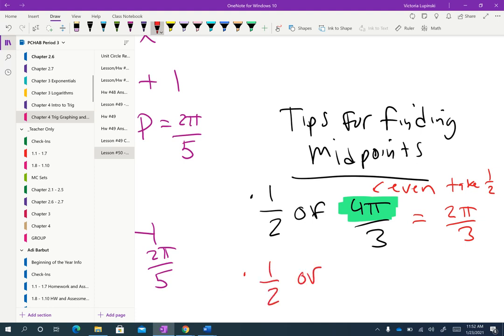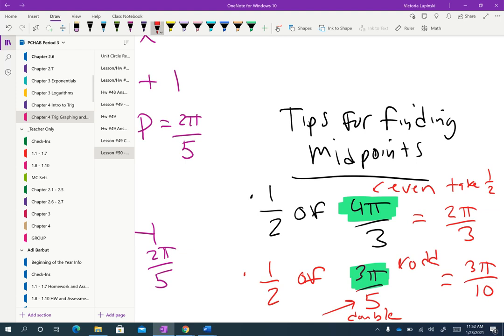If you're being asked to take half of something like 3 pi over 5, where in this case you're looking at an odd numerator, the easiest way to do this is to double the bottom. So half of 3 pi over 5 would be 3 pi over double the bottom, 10.